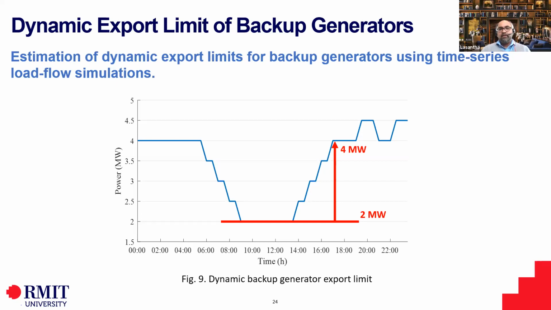So you can double the export limit if you change the static export limit to a dynamic export limit. We saw there is a huge potential to implement dynamic export limits for the CNI customers or the backup generators, so that it can increase the export capacity.